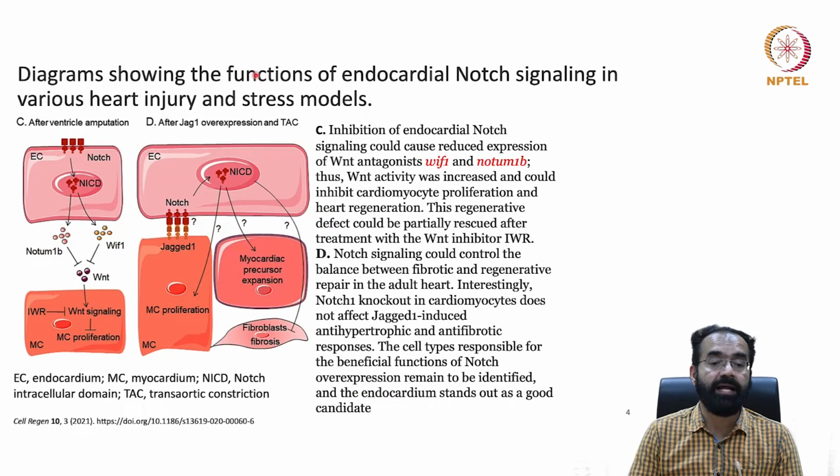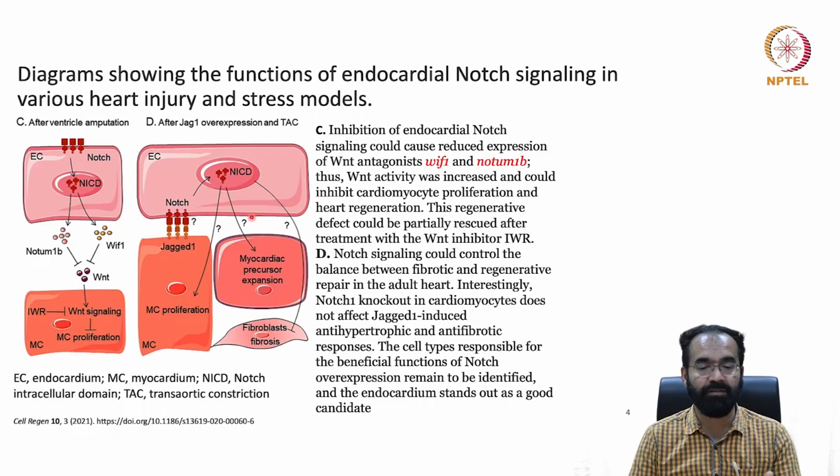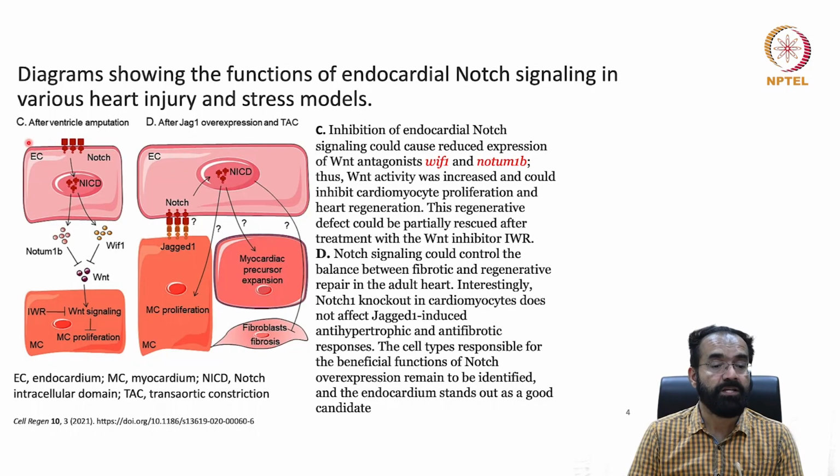And these are the diagrams showing the functions of endocardial Notch signaling in heart homeostasis as well as stress injury models. So this panel C is after ventricle amputation. The inhibition of endocardial Notch signaling could cause reduced expression of Wnt antagonists. Wnt signaling now we are talking about.